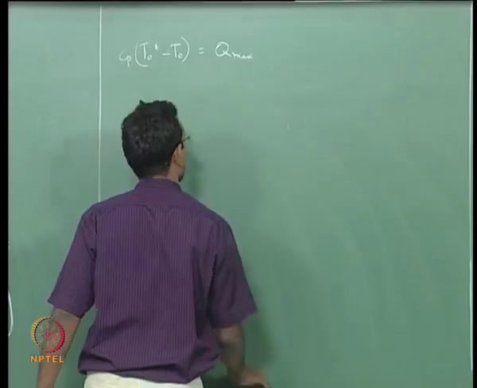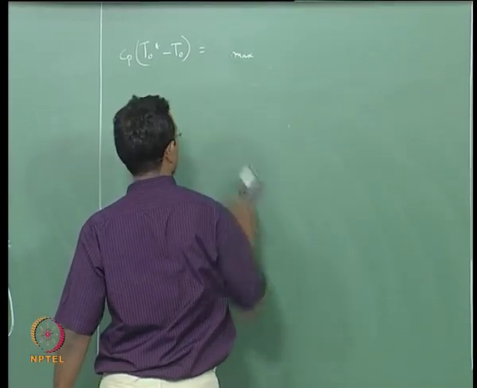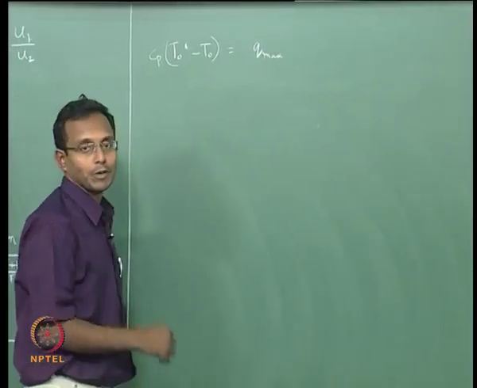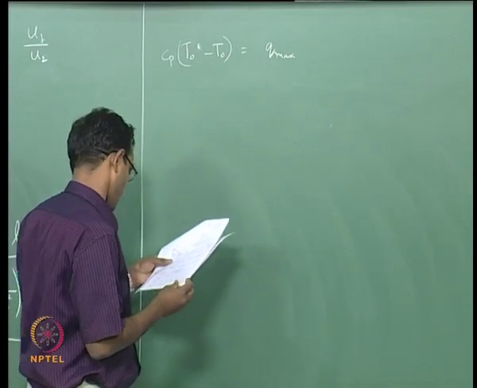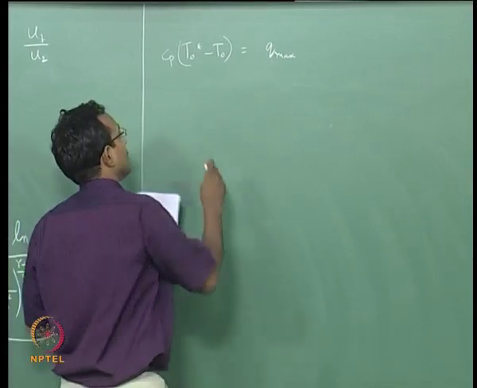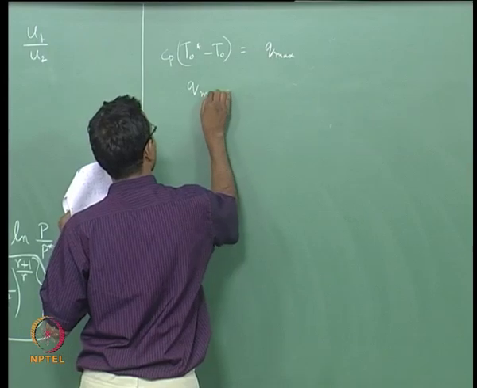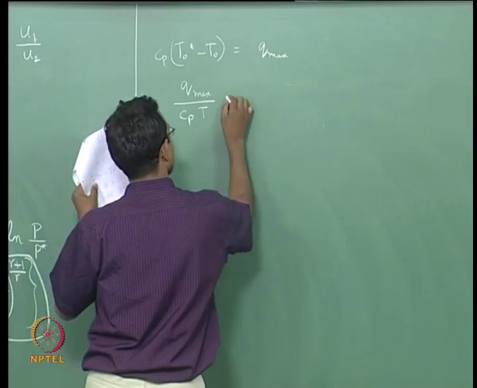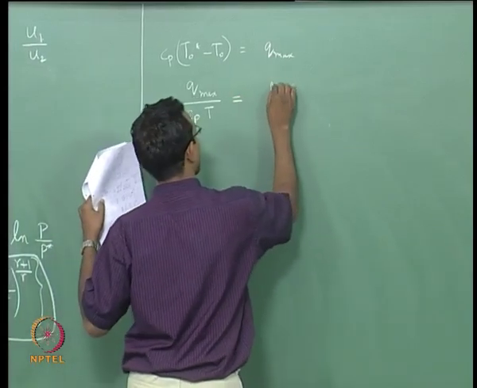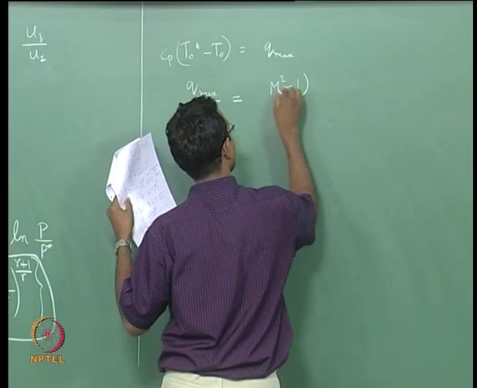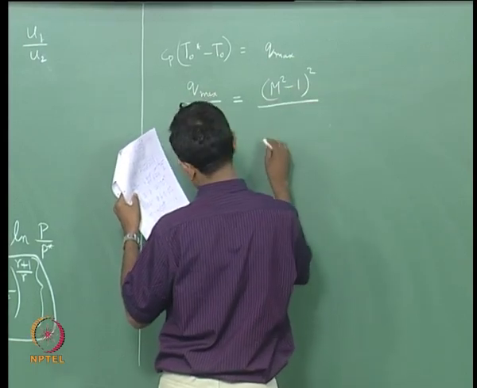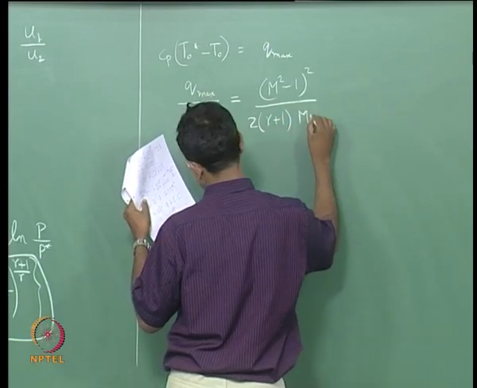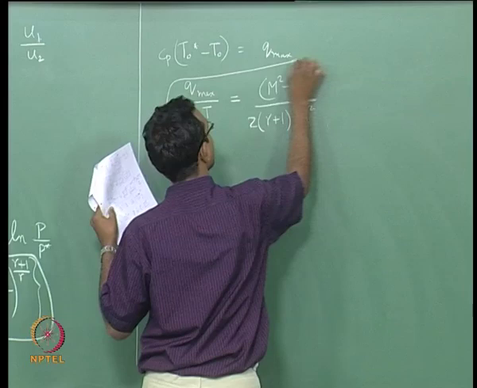Actually I used a small q, I believe. I will stick to that convention as of now. Qmax per unit mass basis. Okay. Now I will write this expression in terms of Qmax normalized with Cp T, and that expression in terms of Mach number comes out to be this.